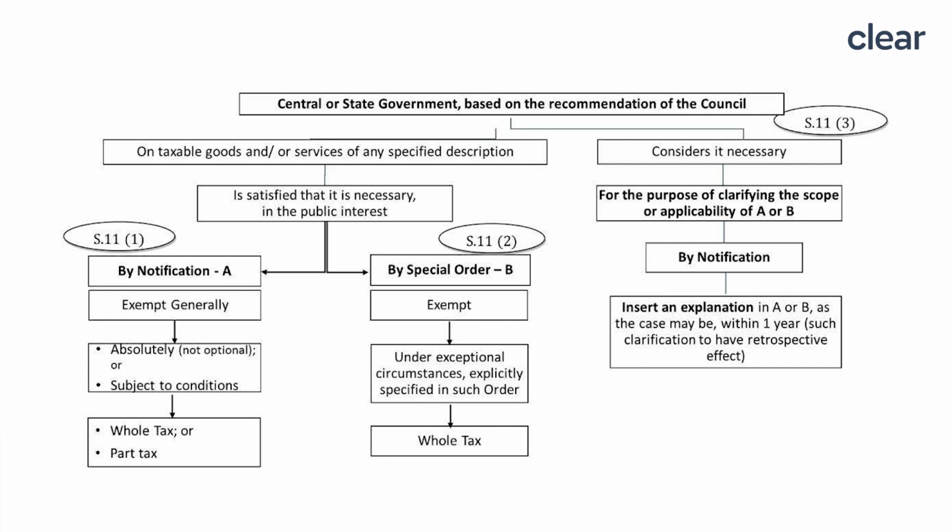The exemption of specific goods or services might be absolute in nature or conditional in nature. However, the government can issue special order in exceptional circumstances. Also, if the government feels that it is necessary to clarify scope or applicability of any exemption, it can insert explanation for exemption through notification. The taxpayers enjoying absolute exemption cannot collect higher tax than the effective rate.